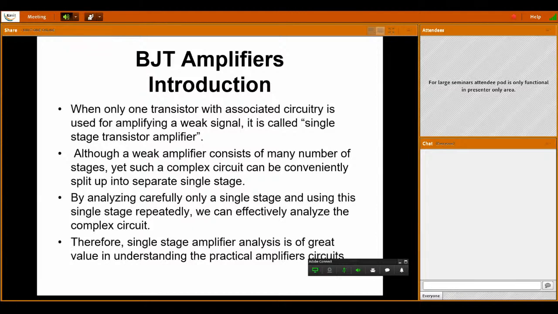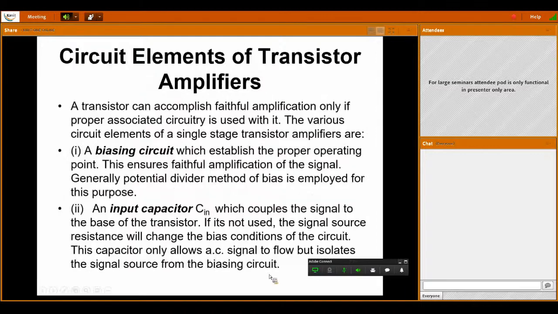So what components are needed to connect it so that it functions like an amplifier? We have to use some biasing circuits as well as some coupling capacitors. What is the need of those coupling capacitors? Let me learn that in today's session. So what are the circuit elements of transistor amplifiers?